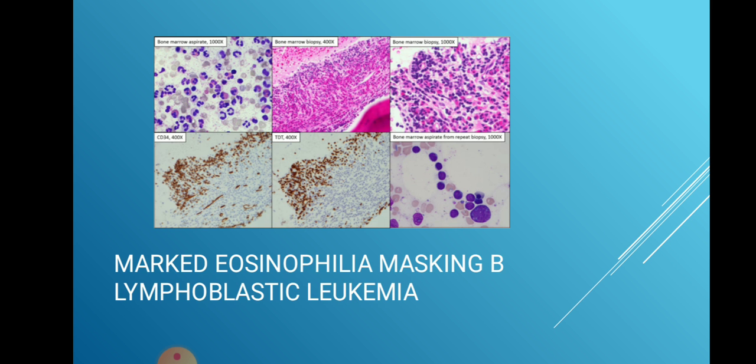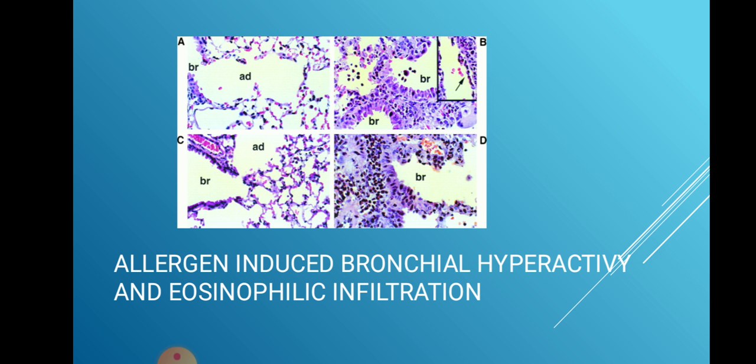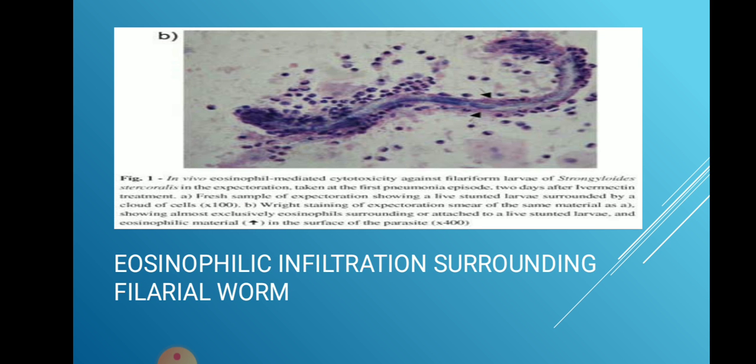This is the bone marrow aspirate and bone marrow biopsy image of a B lymphoblastic leukemic patient having marked eosinophilia. This is the image showing allergen-induced bronchial hyperactivity and eosinophilic infiltration. This is a filarial worm.